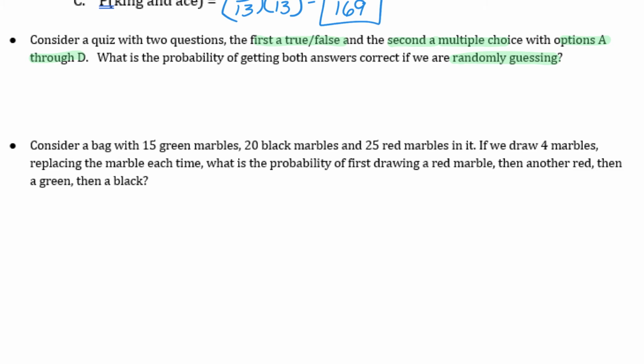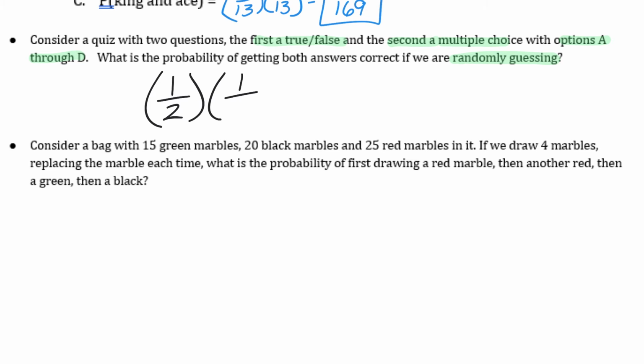So in our first question, we have a 1 out of 2 chance of getting it correct. It's true, false. It's either true or it's false. It's either right or it's wrong. One choice is good out of 2. Now, the second question is a multiple choice question. Whatever the answer is, A, B, C, or D, there is only one way to get it correct.